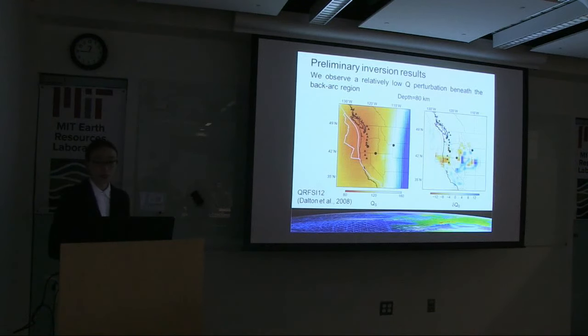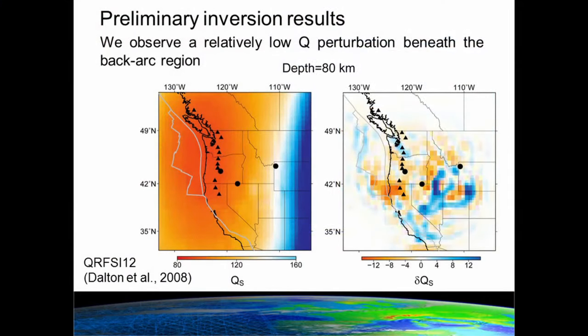And here we show the reference QS factors, taken from this work, and the Q perturbations at depth 80 km for the first iteration. We observed relatively low Q perturbation beneath the back arc region.